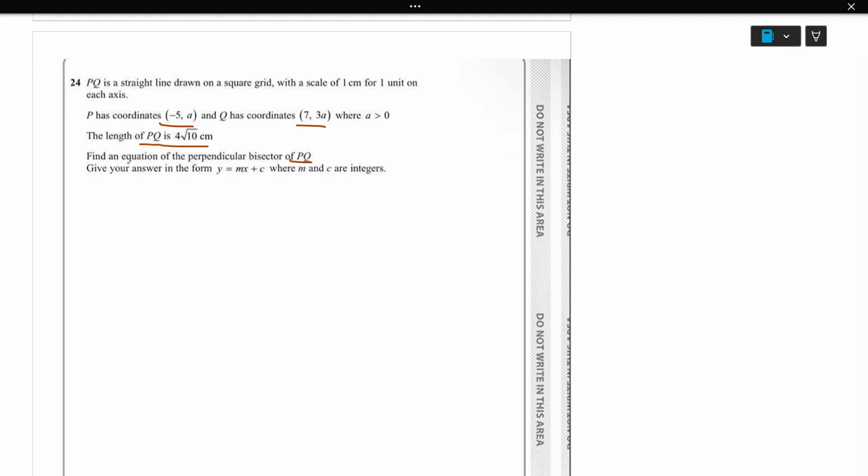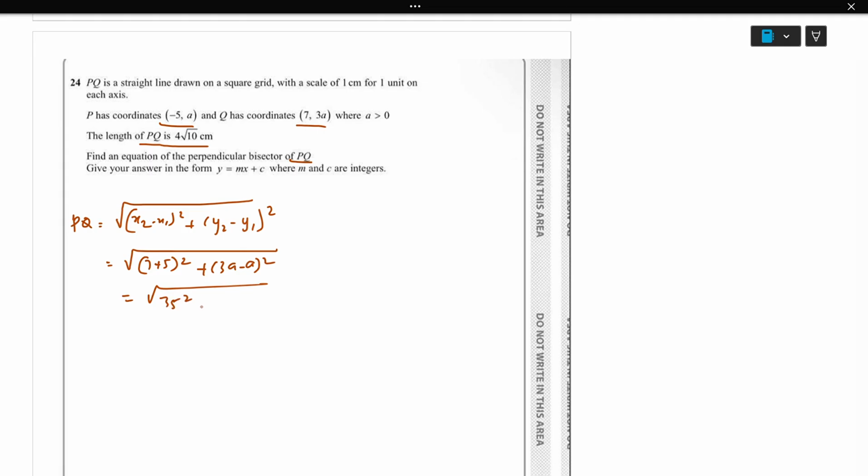So here the length formula is going to be PQ equal to square root of x2 minus x1 whole square plus y2 minus y1 whole square, which is going to be x2 minus x1, 7 minus of minus, which is plus, so 7 plus 5, which is 12 square plus 2a whole square.